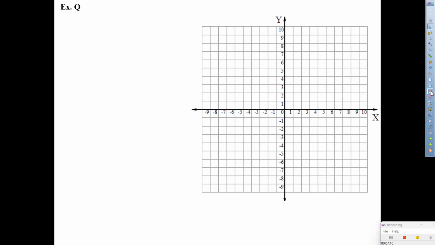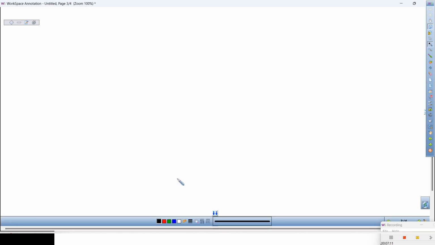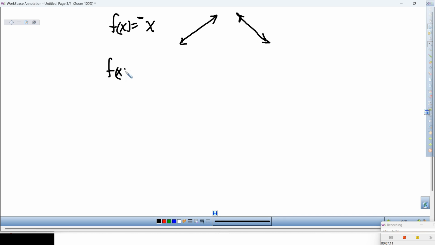So just to recap before we get started with some of the transformations, we started off with a parent function. Look up to the screen. Don't copy this. F of x equals x. That's a linear. Yes? And if it has a negative in front of it, what does it do? It goes downward. F of x equals x squared. It's a quadratic. Same thing, if we put a little negative in front of it, what does it do? It does the inverse.